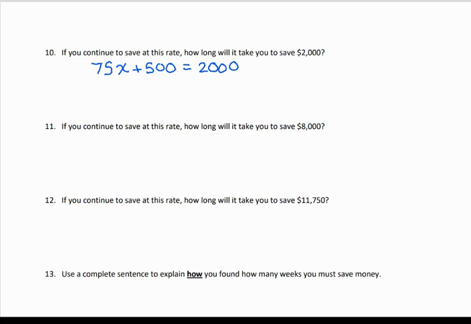So now I'm going to solve that. How do I solve it? Good. So we'll do our opposite of what we were doing. Subtract from both sides, right? Keep it nice and organized. So 75 times X will then equal 1,500.